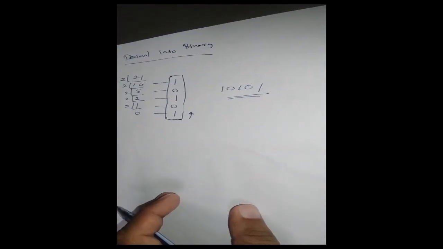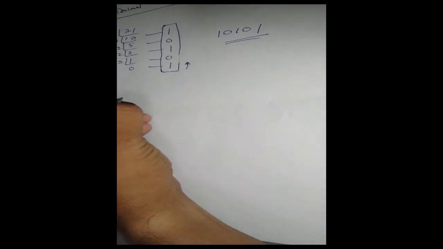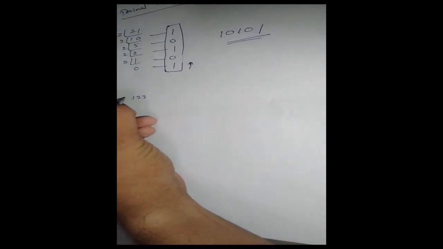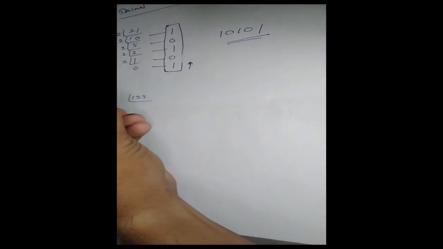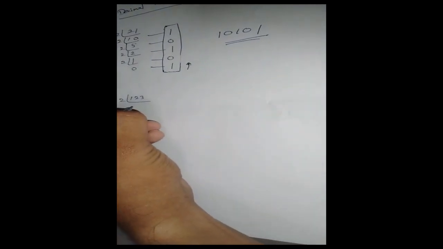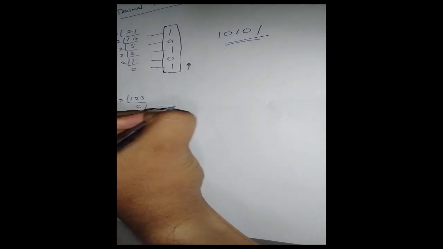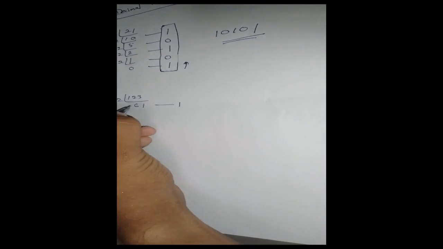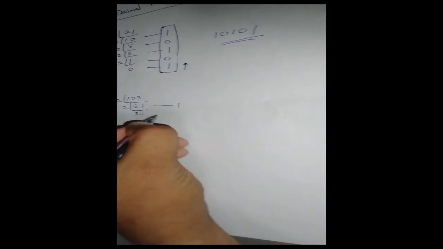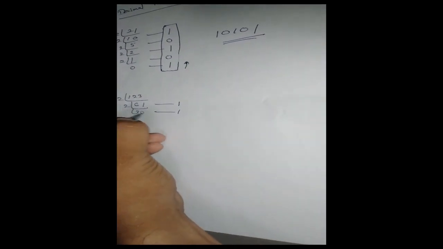Okay, that's one example. Let's do another example. Let's take number 123 and convert this into binary. Dividing by 2, we get 61 and the remainder is 1. Again divide, you get 30, remainder 1.